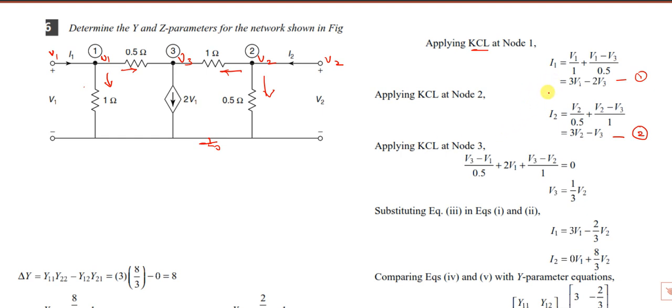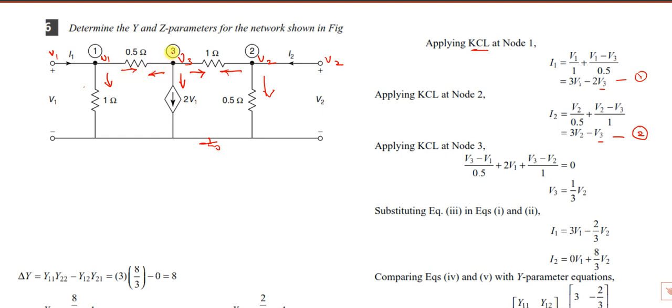Now I actually want I1 and I2 in terms of V1 and V2. Here the unwanted term is V3, and here also the unwanted term is V3. Instead of V3 I want V2, and here instead of V3 I want V1. To eliminate V3, apply KCL at node 3. All the currents are going away from the node: one current, two currents, three currents.